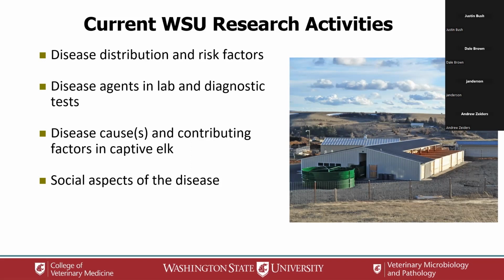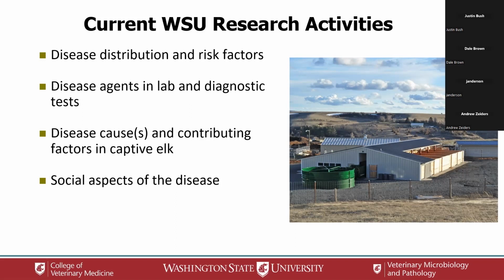Looking at the disease agents and new diagnostic tests so we can have more rapid diagnostics. And then a real cornerstone of our work is we built a research facility and we're doing work with captive elk under controlled situations where we can learn more about the disease. And then also the importance of the social aspects of the disease, keeping stakeholders involved, and also really listening to the questions that they have.